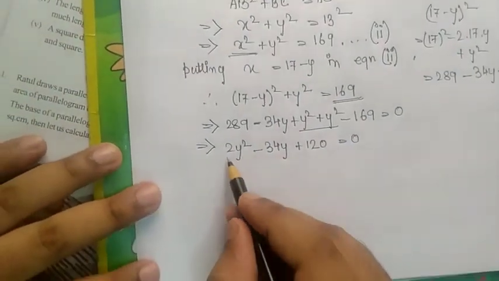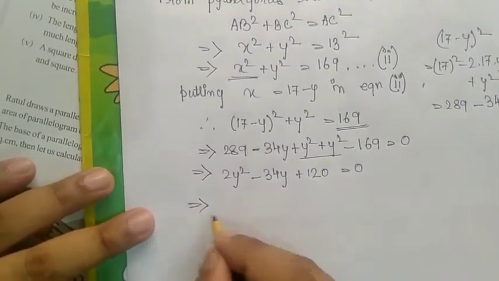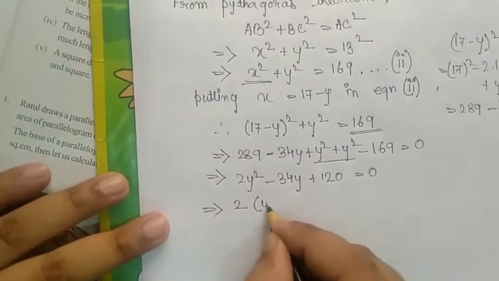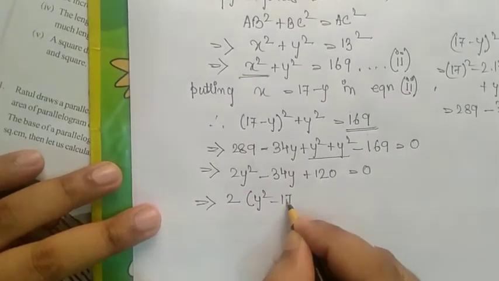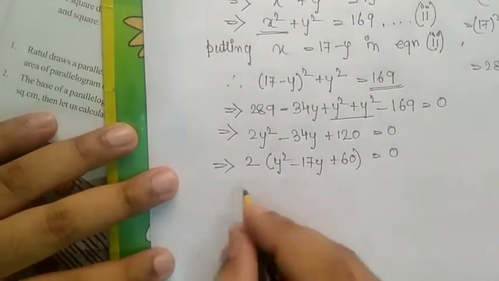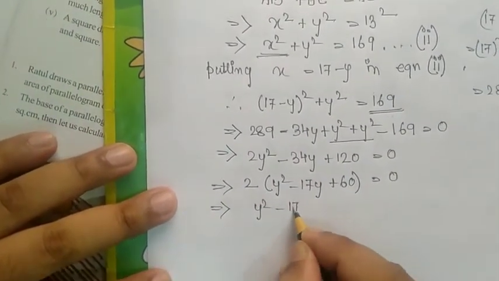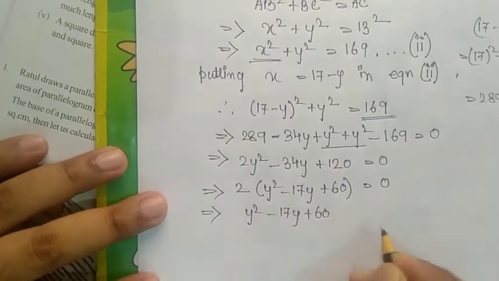We can take common 2 from these three terms: y square minus 17y plus 60 equal to 0.